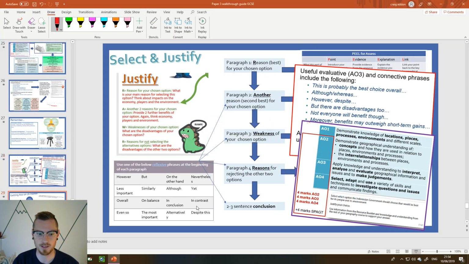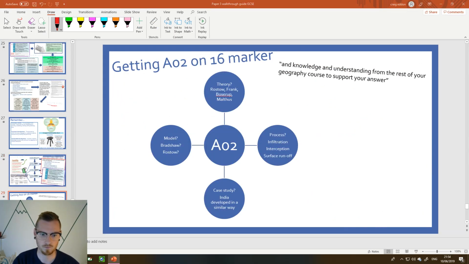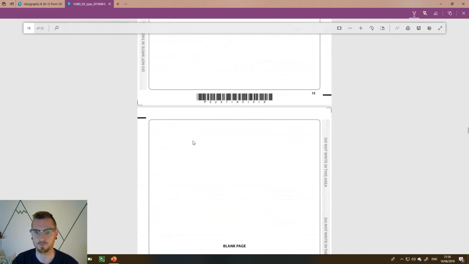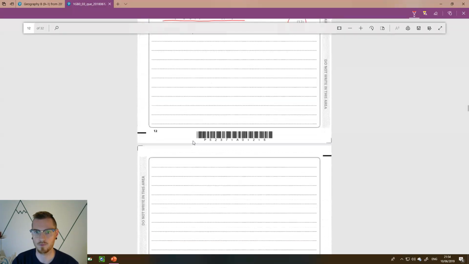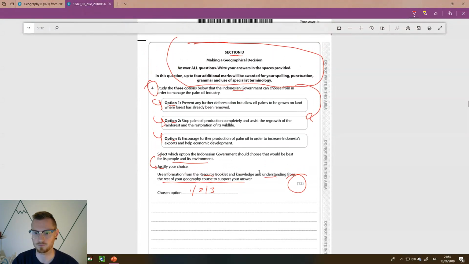Now, let's go to the exam paper. Let's look at that. So here's the question. Let's go on the highlighter. So look, massive amount of information.